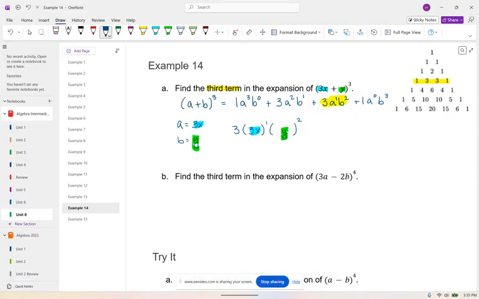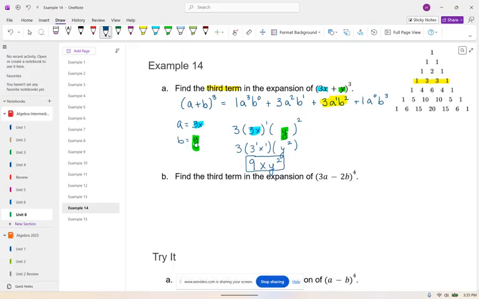We apply the powers to the parentheses. So 3x raised to the first is 3 to the first, x to the first, which is just 3x. And y becomes y squared. So this simplifies to 3 times 3, which is 9, x to the first, y squared. So that's going to be the third term.